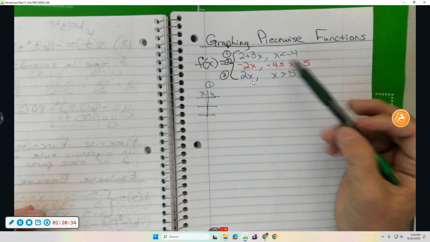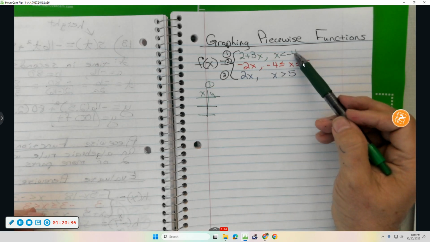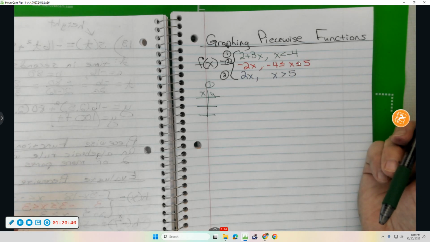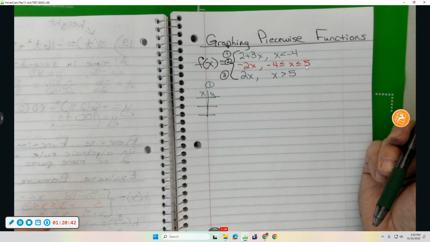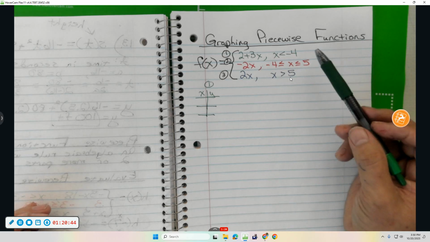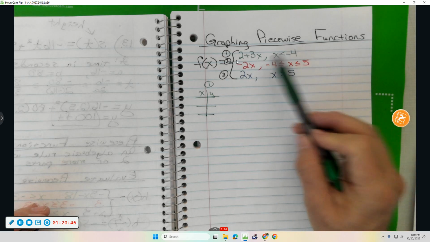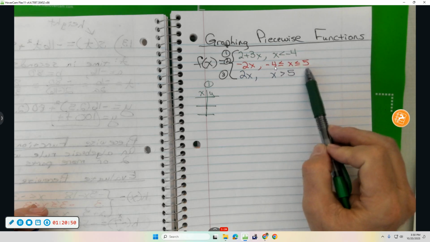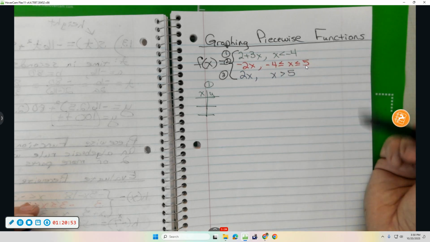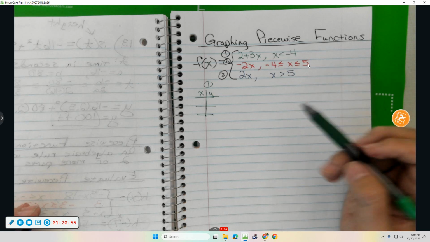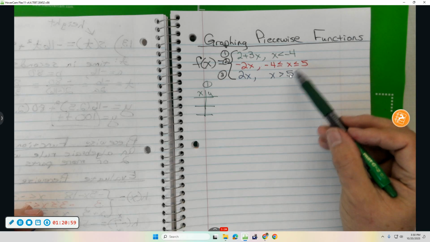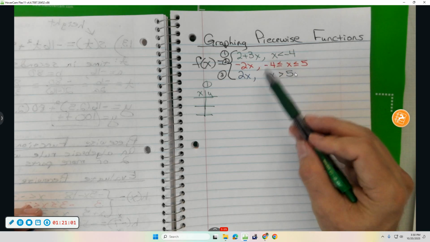I like to be able to refer to these numbers in the inequalities, and there's no real word for them, but I think the word cut point is a good name, because the green piece is cut off at -4 and becomes the red piece. The red piece is cut off at what number to become the blue piece? 5. Okay, at 5 it changes from red to blue.